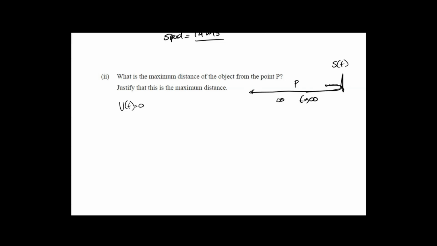So we know from the previous example that v as a function of t is negative 4t plus 6. And we set that equal to 0 and solve. So negative 4t equals negative 6. So t is going to be equal to 6 over 4, so 3 over 2 seconds.